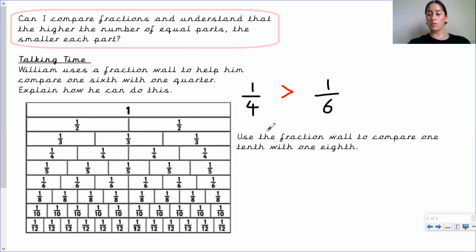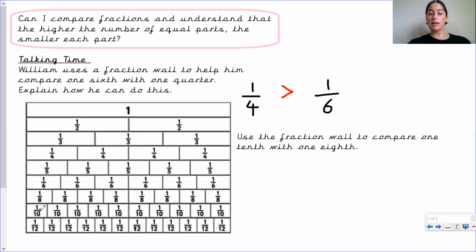Use the fraction rule to compare 1/10 with 1/8. Okay, let's look at 1/10 and let's look at 1/8.